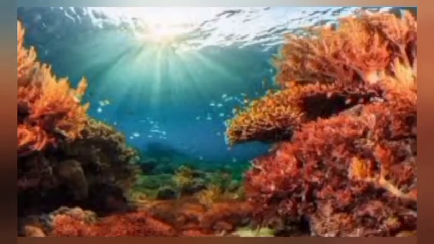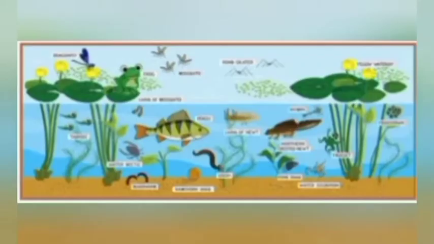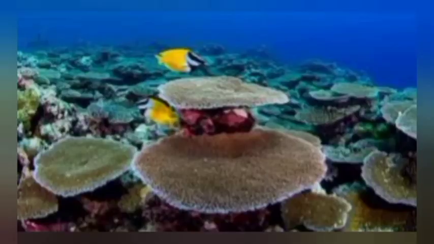An aquatic ecosystem is an ecosystem that is found in water. There are many types of aquatic ecosystems: rivers, lakes, ponds, wetlands, shallow seas, and deep oceans.